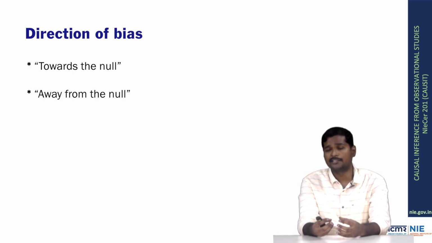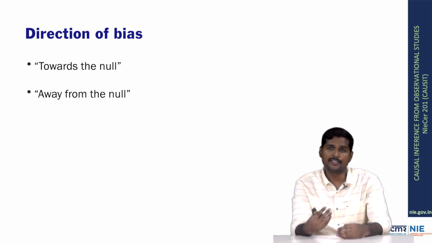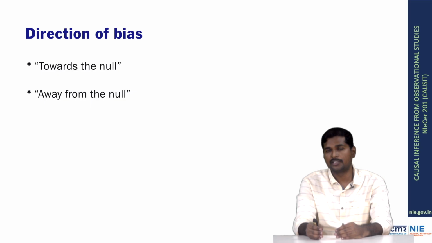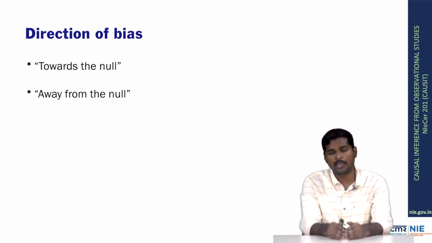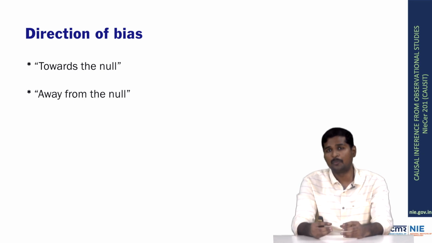So if there is a misclassification happening, the results can either move towards the null, that is, the results might become non-significant, or it may move away from the null. Away from the null means the results are magnified or enhanced in some way compared to the actual truth. So the first one, towards the null, refers to the result being nullified or the effect being minimized in some way, whereas away from the null means that the result is amplified or enhanced in some way in both directions.